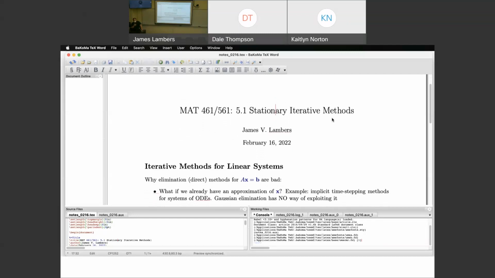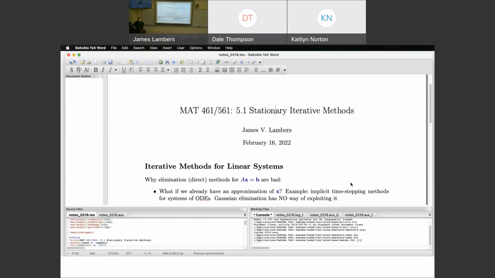And this is something that really does come up. One of the things that we'll get into later this semester is solving systems of ODEs using an implicit time-stepping method, which calls for solving a system of equations. If that system of equations is linear, you have an Ax equals b problem. And since you're time-stepping, you have your solution from a prior time step, and the solution of the Ax equals b problem is the solution of your ODE system at the next time step.